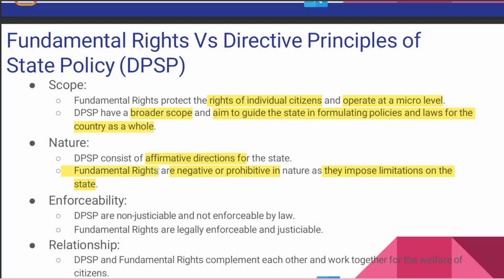Fundamental rights say the state should not do such and such things. Whereas DPSP says that the state should do this thing, the state should follow these particular values and morals. So it is affirmative, where they are saying to do something. In fundamental rights, they say the state should not do such things, so it is negative or prohibitive, not to do. Affirmative, in a sense, you should do.